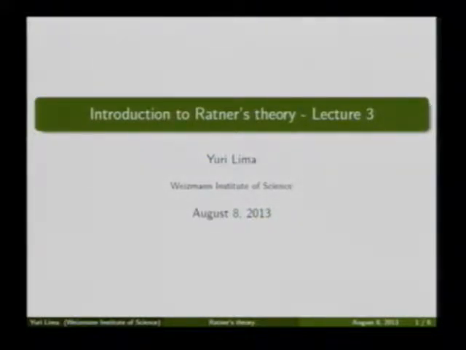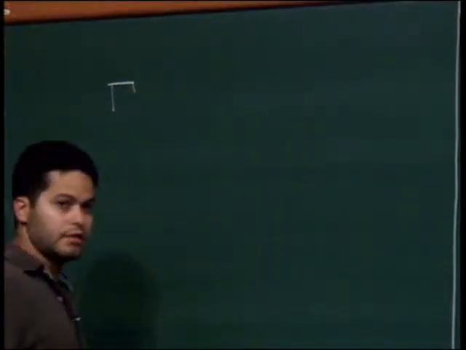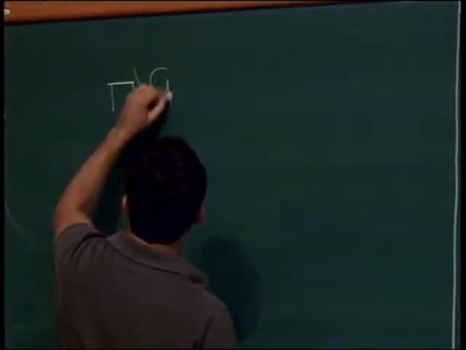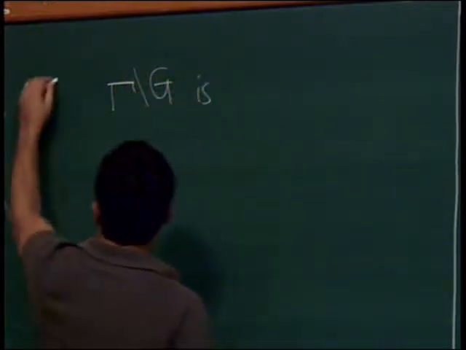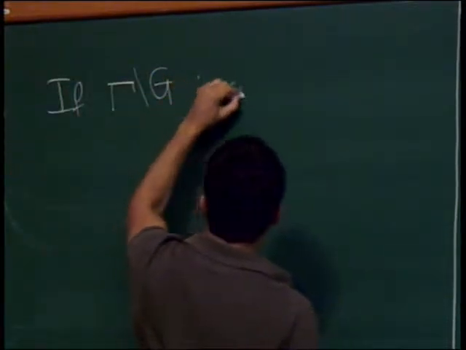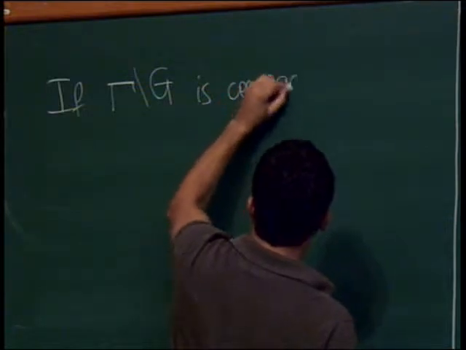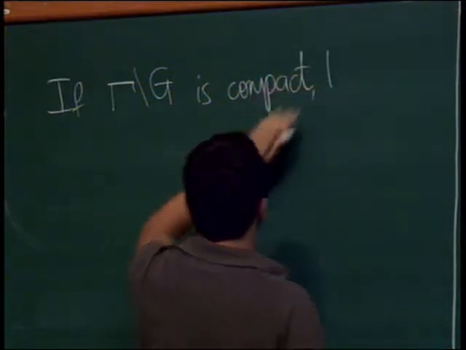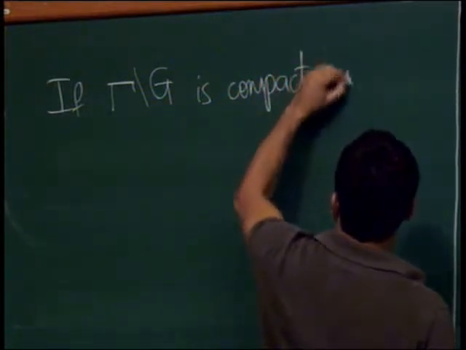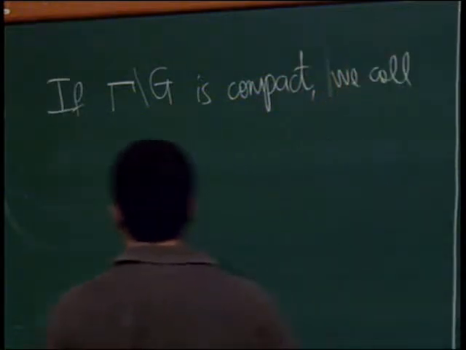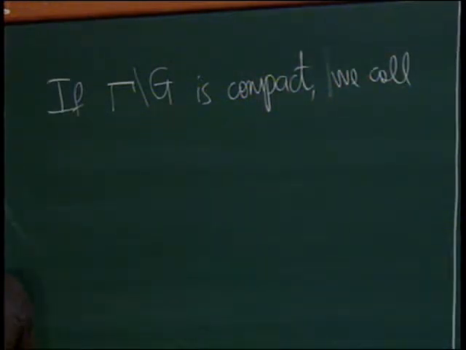Remember the definition of a lattice, when I said that gamma is a lattice when the quotient has a measure which is G invariant, a probability measure which is G invariant. And I said that in the case that G mod gamma is compact, I called gamma a unimodular lattice.